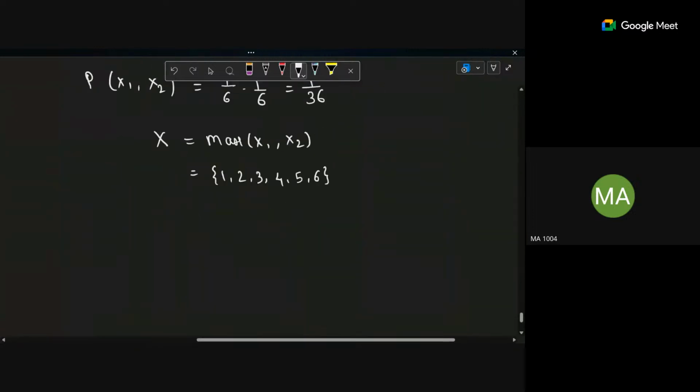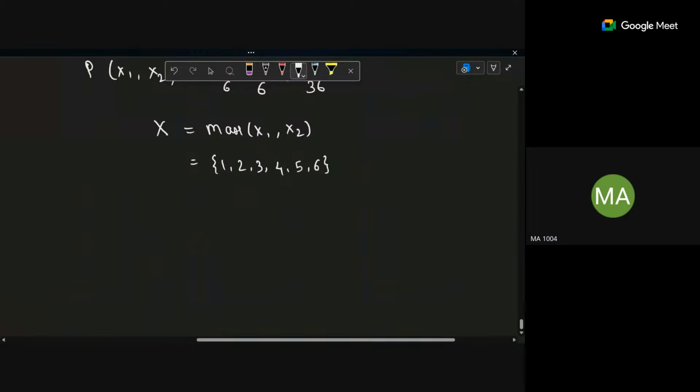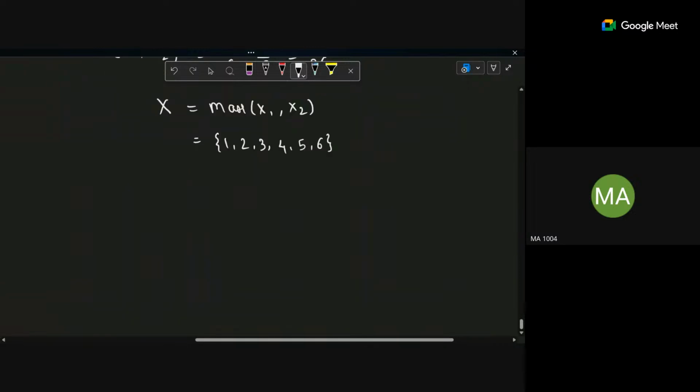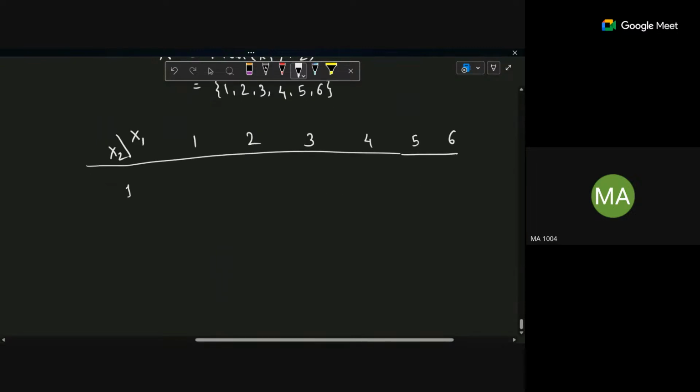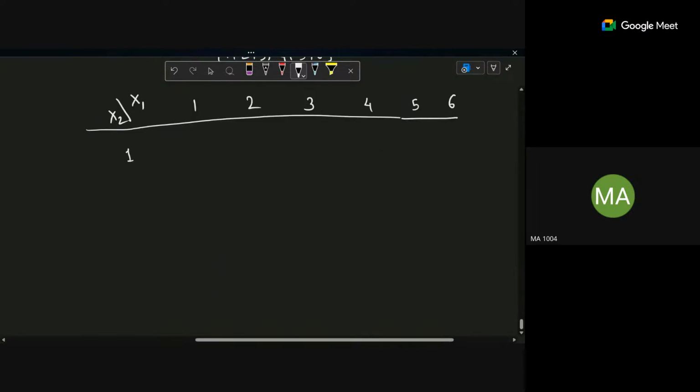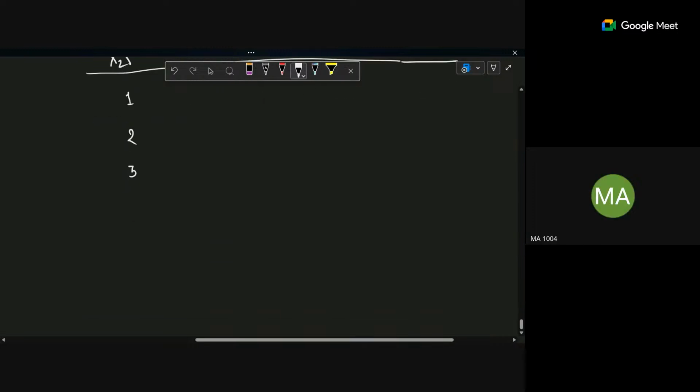So here, if we make a PMF table, how will it look like? X1 will be here, X2 will be here, right? It's a 6 by 6 table, so I'm not drawing the complete one. 1, 2, 3, 4, 5, and 6. And just tell me what will be the joint PMF? 1 by 36 for each and every value, right?